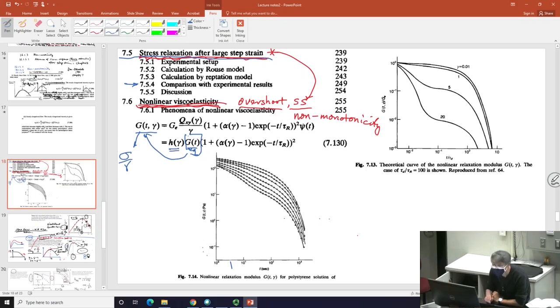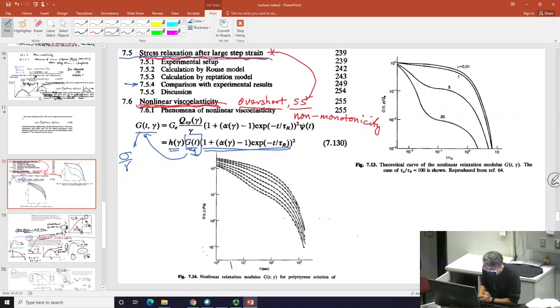That's exactly the damping function, but remember, the damping function only accounts for long time after the kink. And this part is the kink. In other words, this drop is that contribution due to chain stretching that's going to disappear.